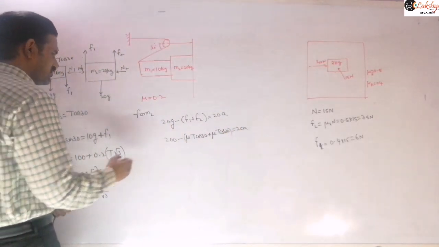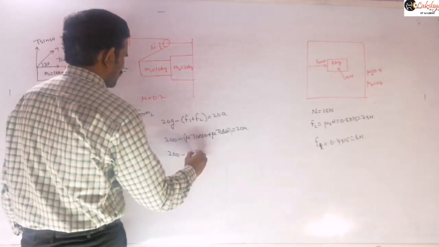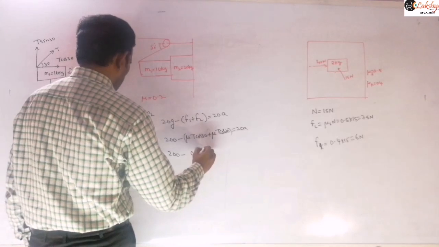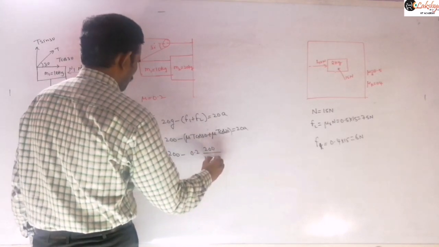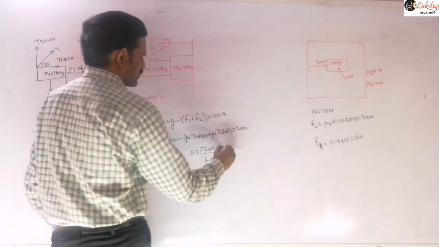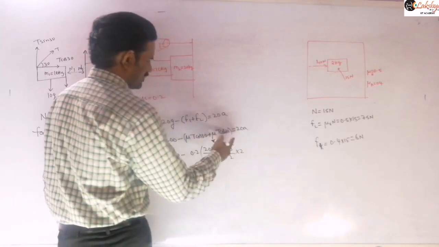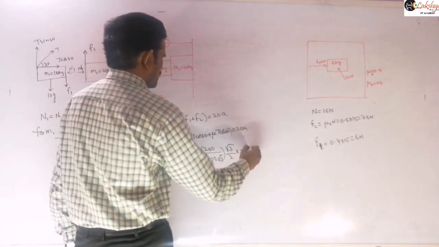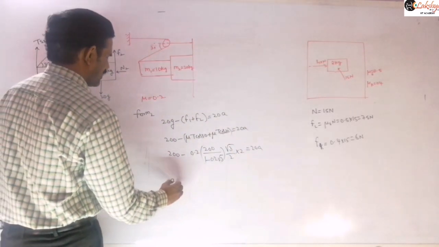And you can simplify this value here. So 200 minus 0.2 into T, where T is 200 by (1 minus 0.2 into root 3), into cos 30, which is root 3 by 2, and into 2 because two terms are there. This is equal to 20A, and then simplifying that you will get the A value.